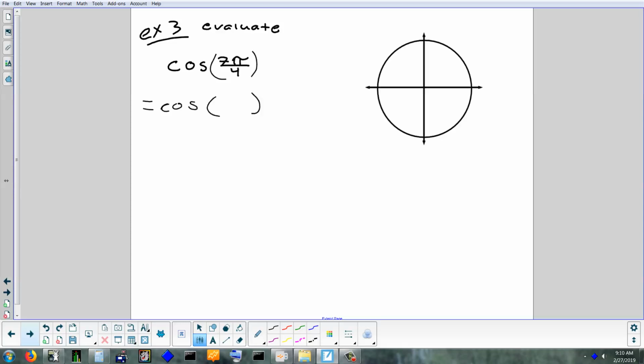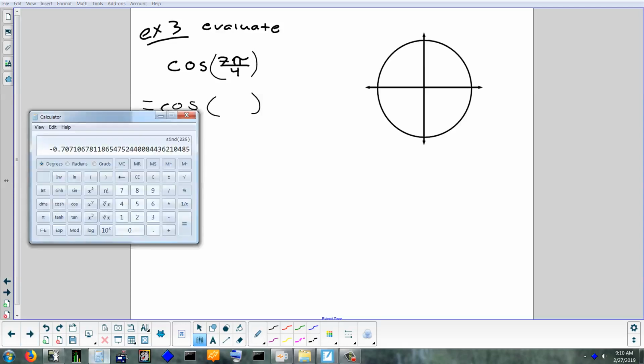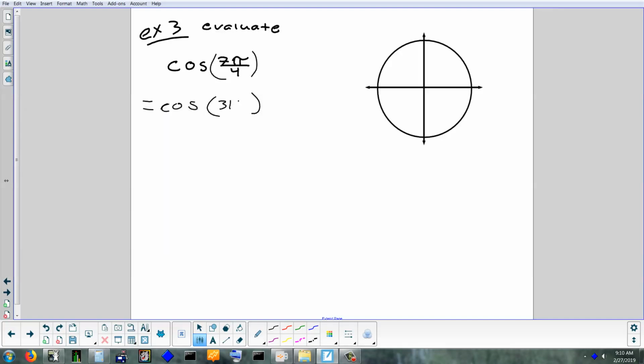If you change 7 pi over 4 to degrees, you multiply by 180 and divide by pi. So the pi's cancel and you end up with 7 times 180 divided by 4. 315. Okay, so now figure out where 315 is.